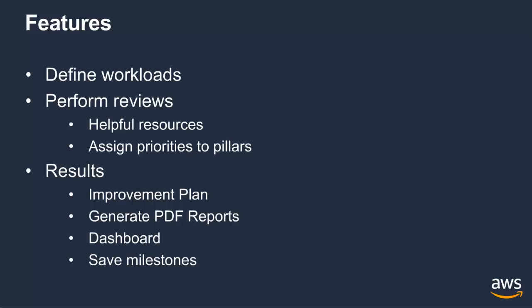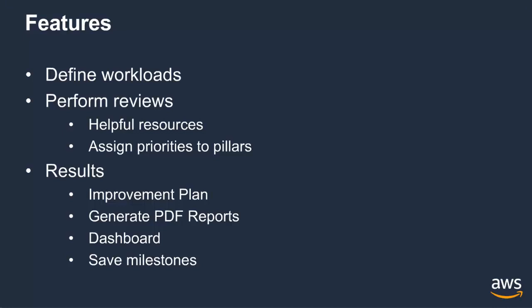Then as you go through the review, as you ask every question, there's a bunch of information you can learn about what we mean when we ask that question, and what we mean when we give you a best practice. So you can go off and learn about what best practices are, and we'll give you helpful information about how to figure that out.